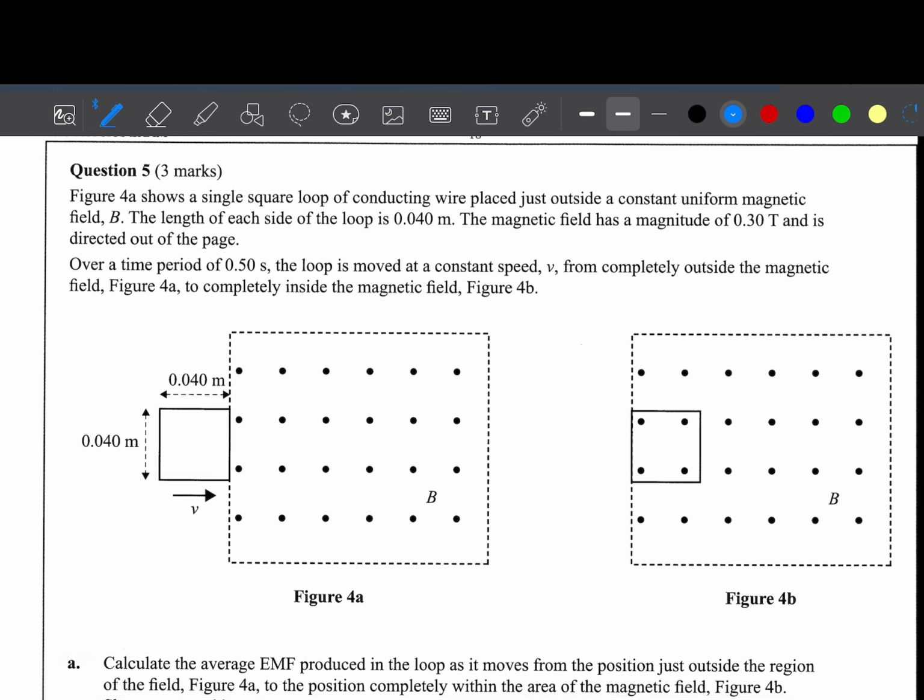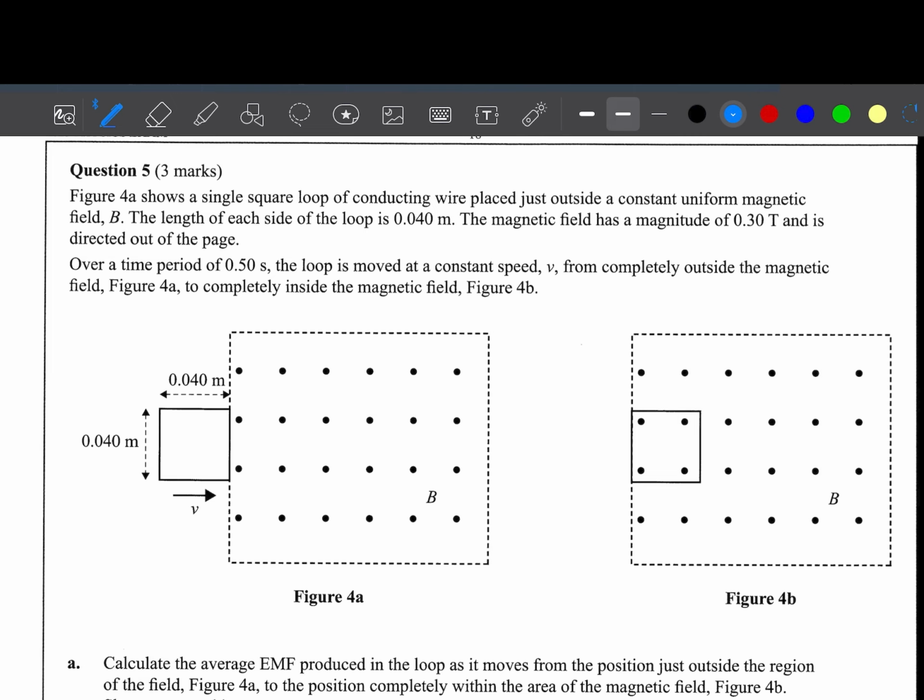Question number 5. Figure 4a shows a single square loop of conducting wire placed just outside a constant uniform magnetic field B. The length of each side of the loop is 0.04. The magnetic field has a magnitude of 0.3 and is directed out of the page.